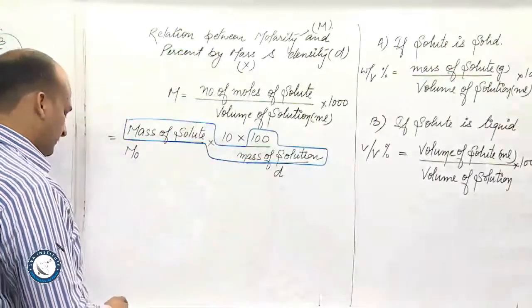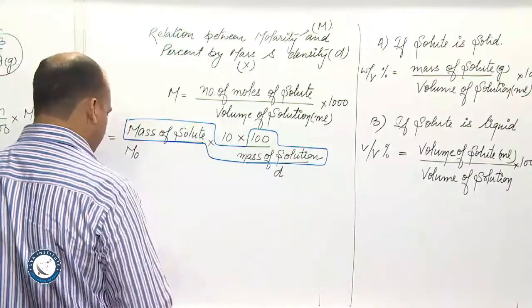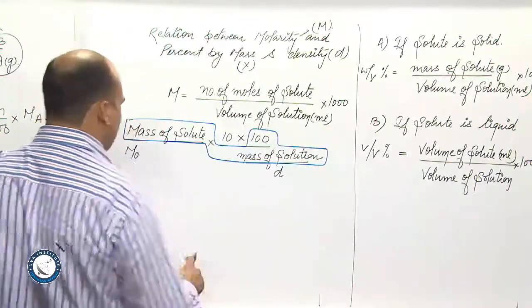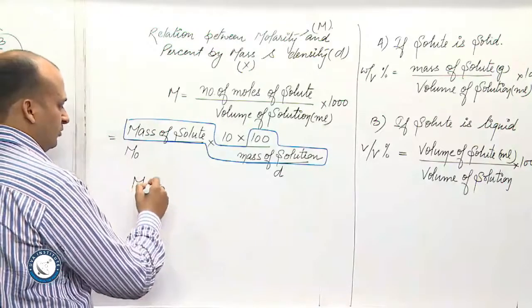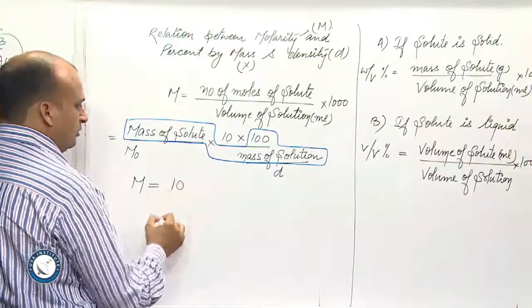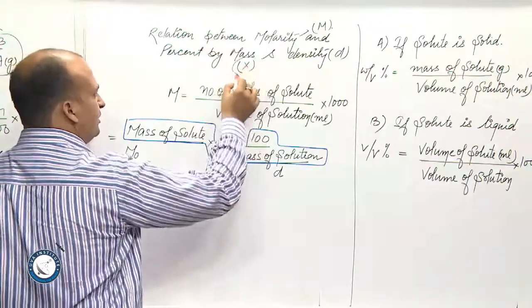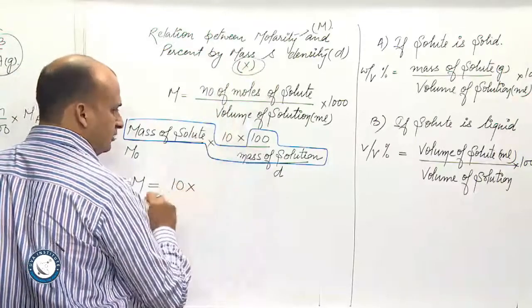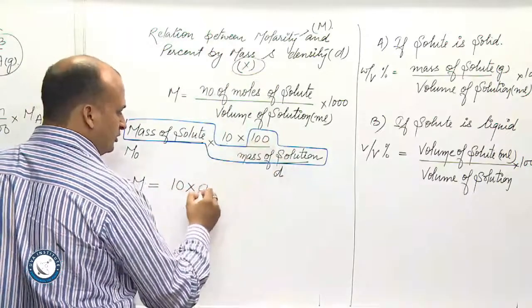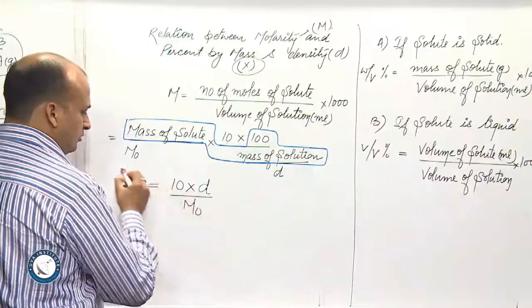So what do I get? Over here I will be getting molarity is equal to, I take this 10 over here, mass of solute upon mass of solution into 100, that is percentage by mass, taken as X. This D goes to the numerator, so D divided by M naught.